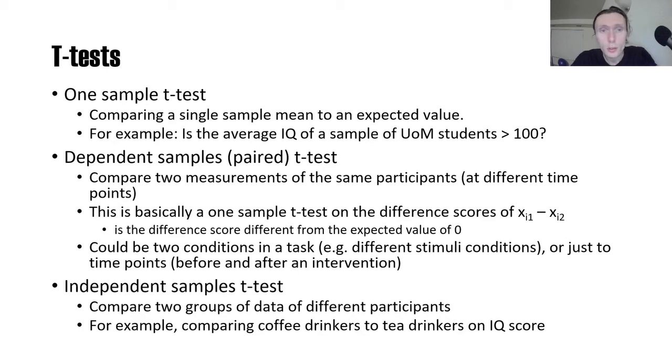For example, you could want to see if the average IQ score of a sample of students, I work at the University of Minnesota, so that's why it says UOM, University of Minnesota students, but just take random students, doesn't really matter. You could look if the average IQ score of students is larger than 100. So in that case, you have an expected value. Your starting point is this 100, right?